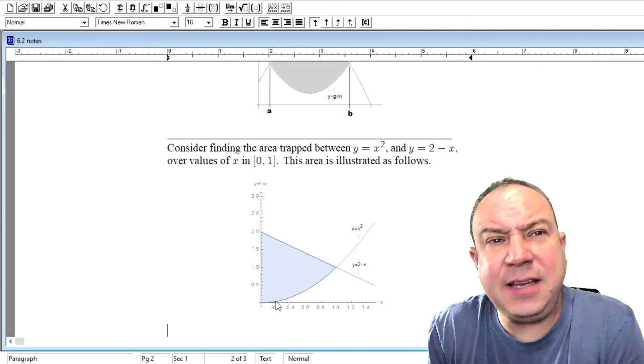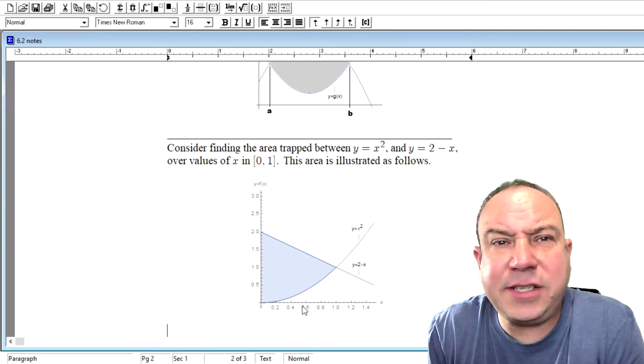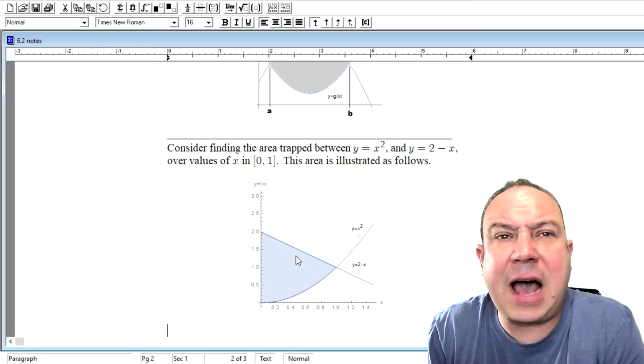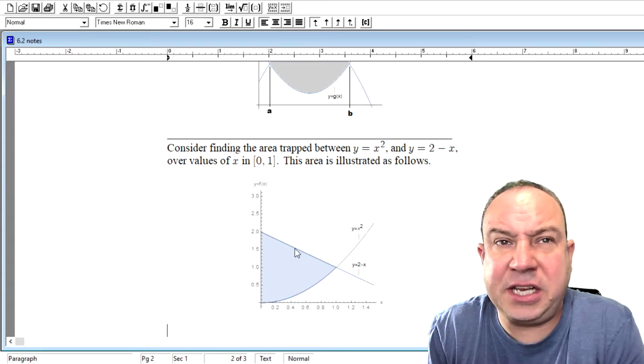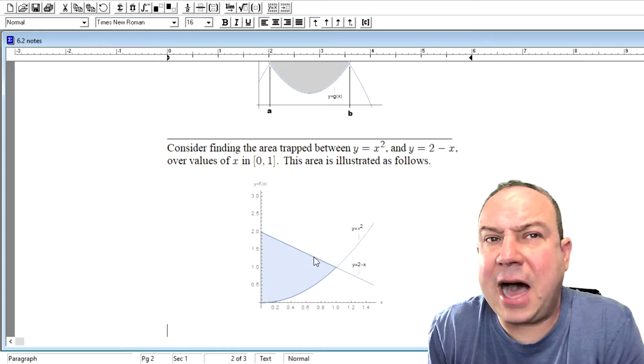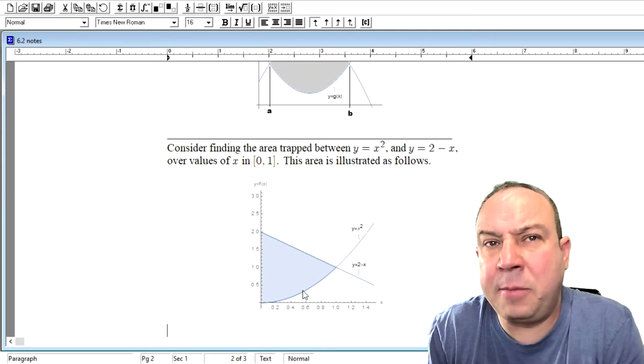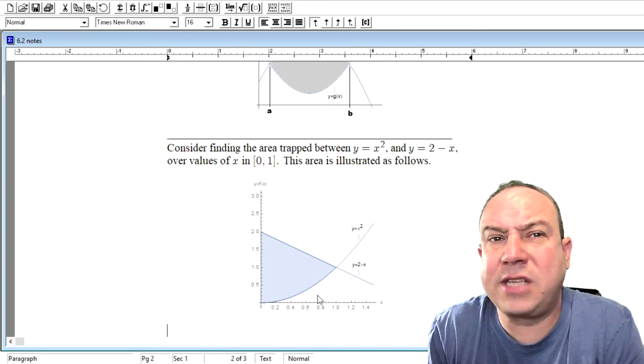And we can find it if we go to every single value of x between 0 and 1, and we look at the value of the function seen here at the top, this function y equals 2 minus x, and we subtract from it the value seen along this curve at y equals x squared.